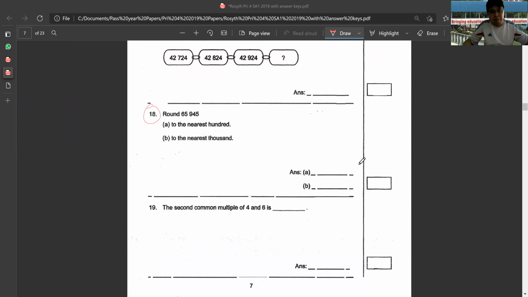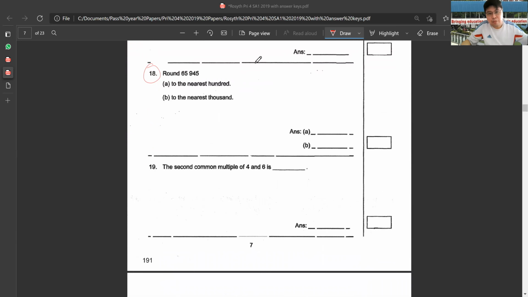Okay, question 18. 65,945, right? I want to round this off to the nearest 100. Which number should I be looking at to decide whether I round up or round down?